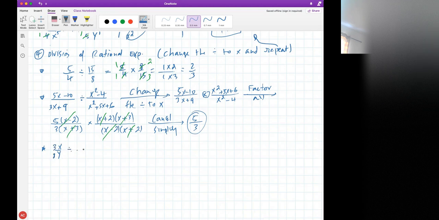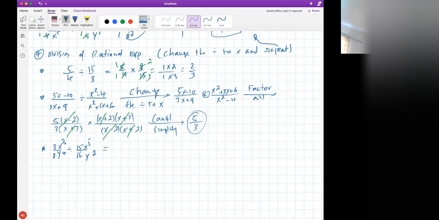Divide this by some other fraction. 17x over maybe 16 here, and y to the second. Okay, so this one should be even easier. No factoring is needed here. These are just monomials with one variable.